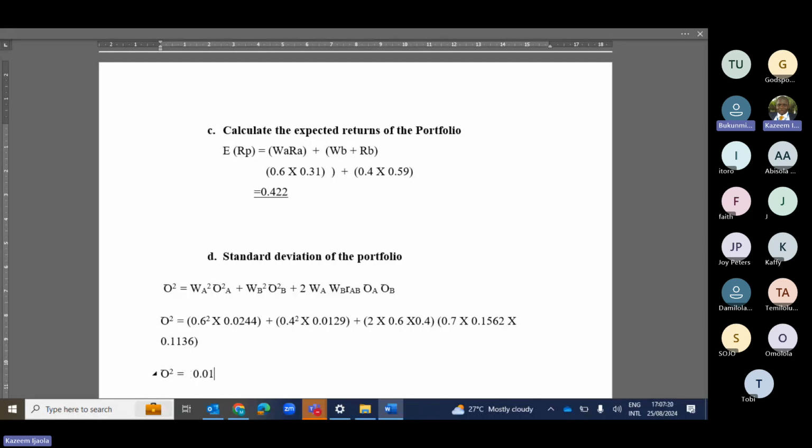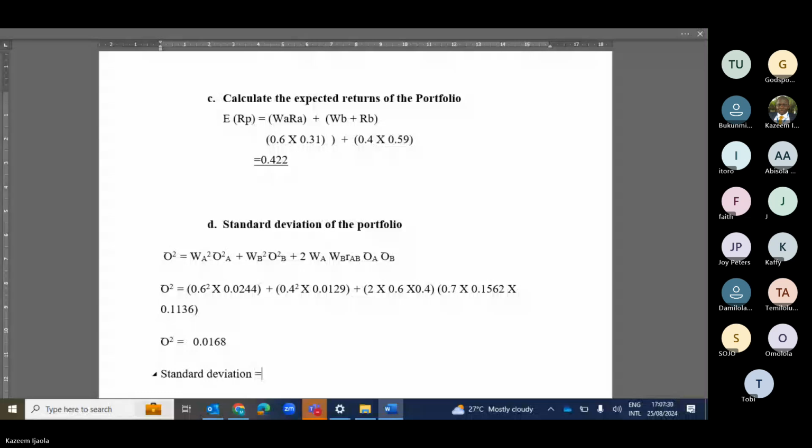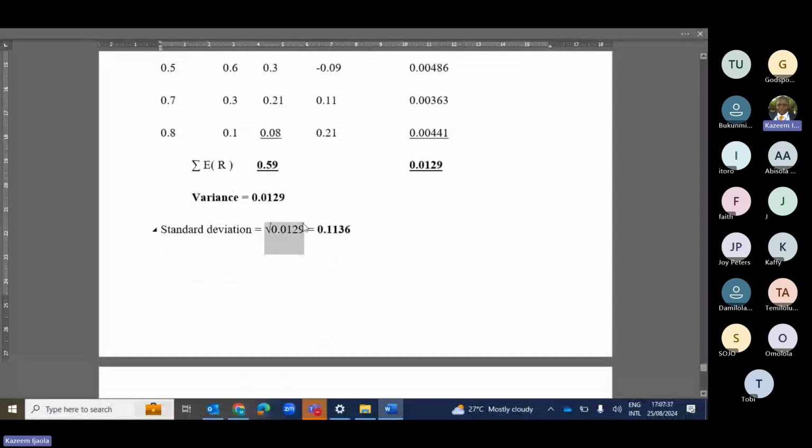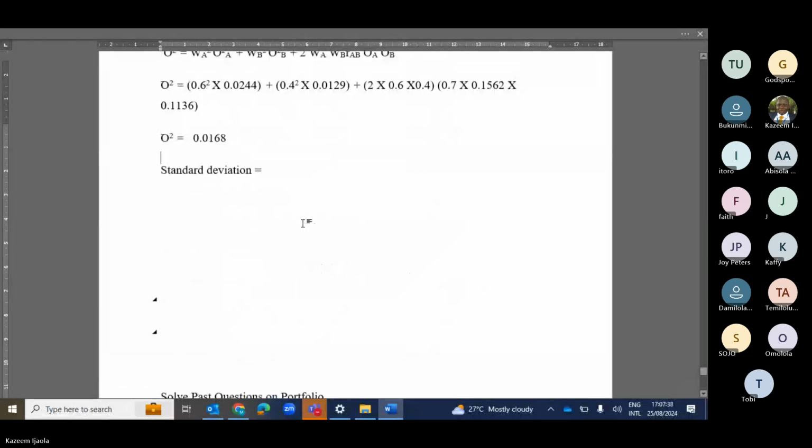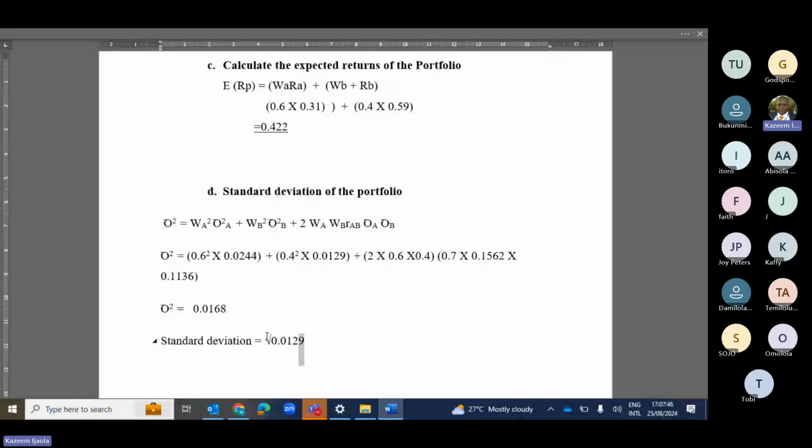So for us to get the standard deviation now, you will root this figure. How much is it? 0.1296.